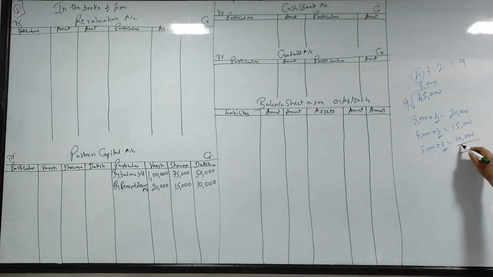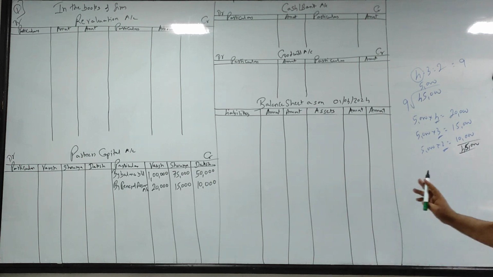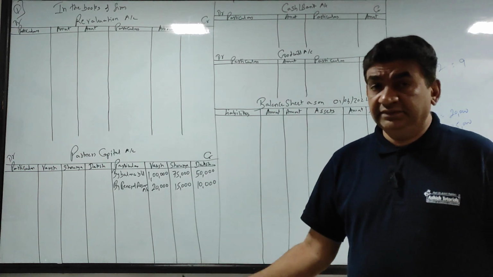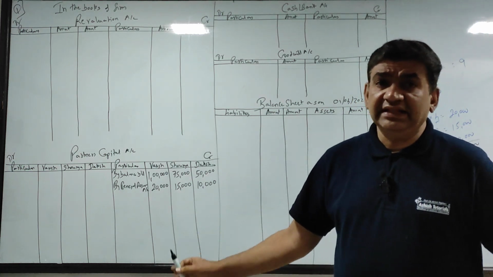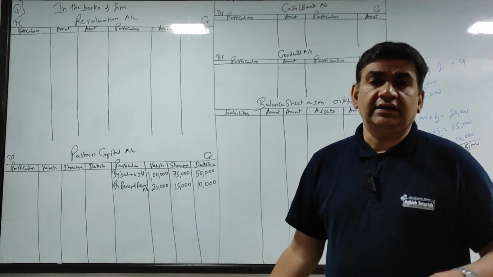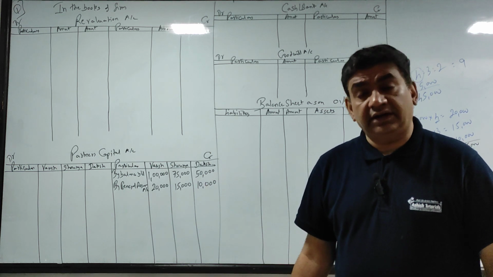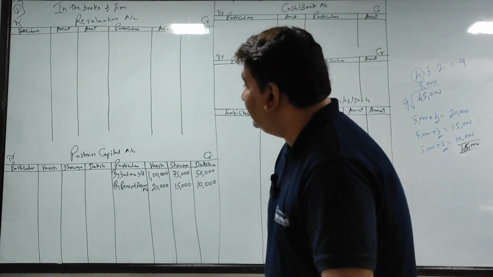See, the total comes to 45,000. I am repeating, in admission there is a new partner. This is retirement and death. All are old partners. There is no new partner. Okay, let's go next.